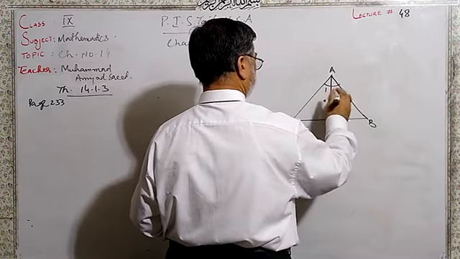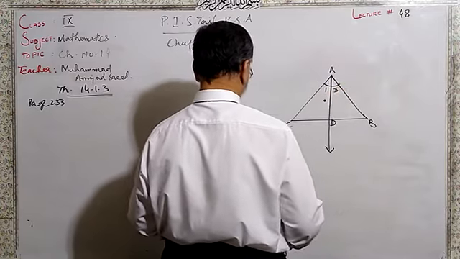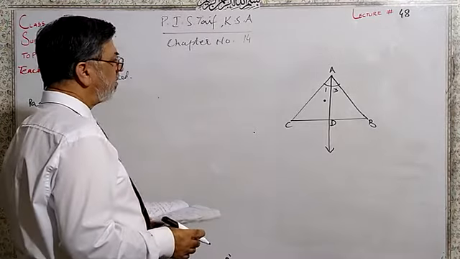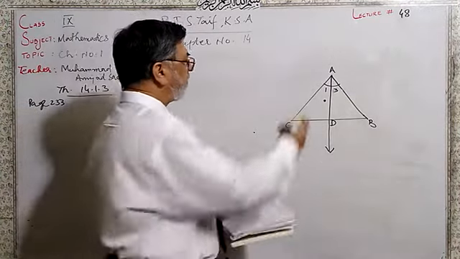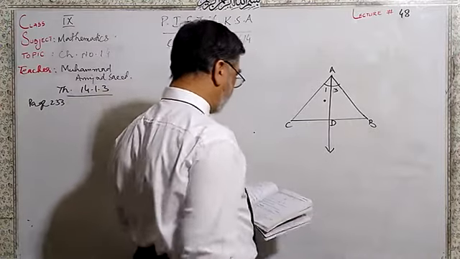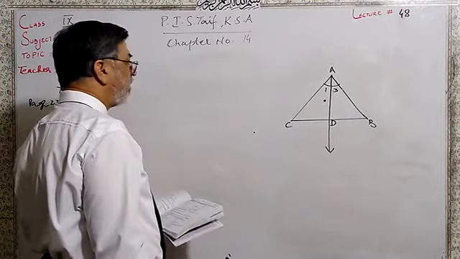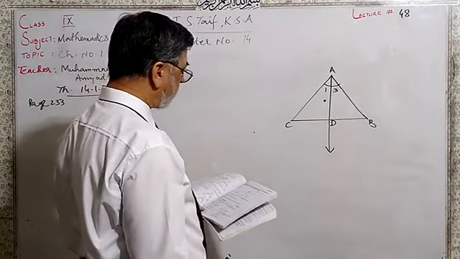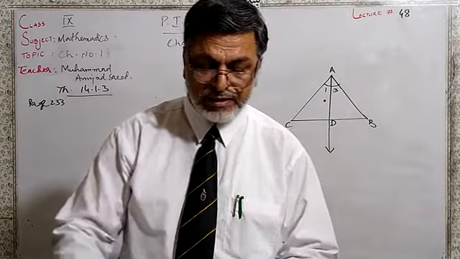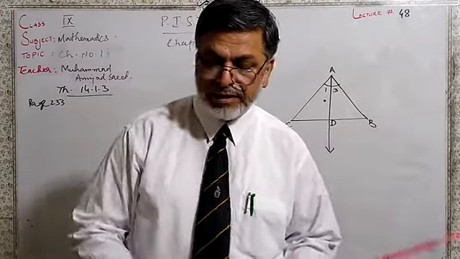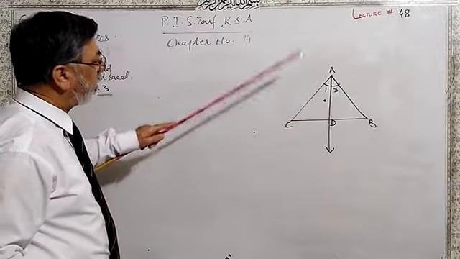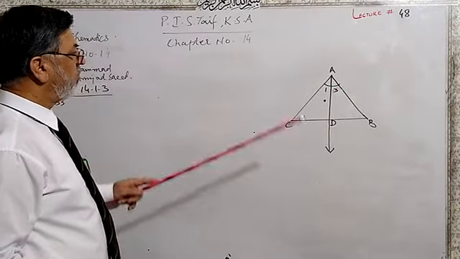In triangle ABC, the angle bisector of angle A is AD, which intersects BC at point D. We have to show that the internal bisector of an angle of a triangle divides the opposite side in the ratio of its arms.